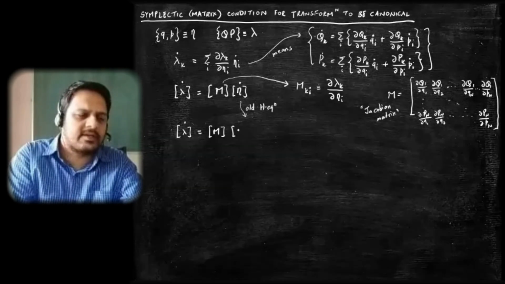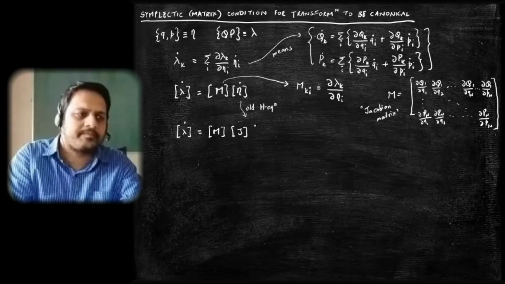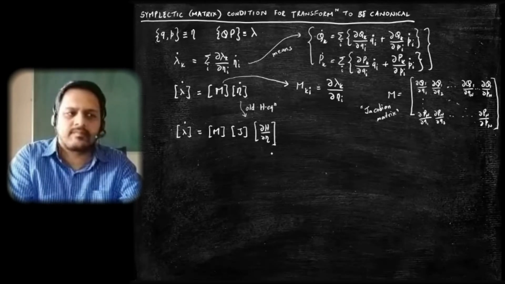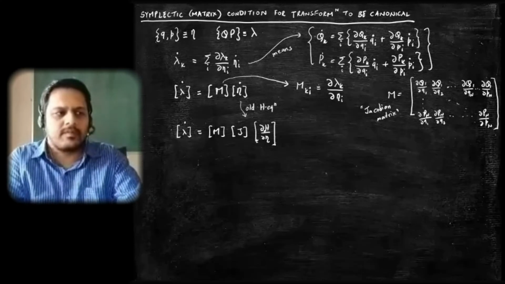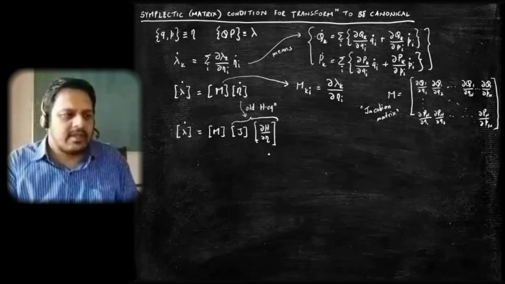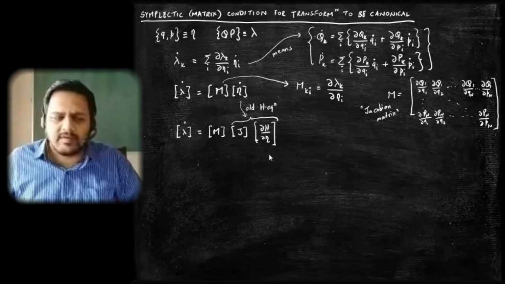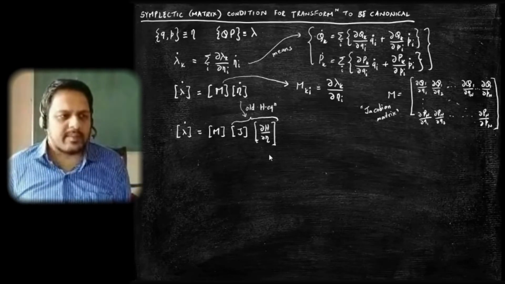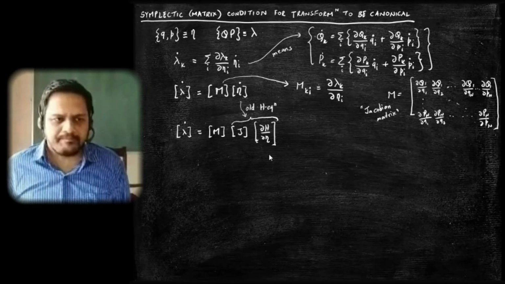Basically, η dot will become the J matrix times ∂H/∂η. This is basically substituting the Hamilton's equation in matrix form. The η dot column vector can be written as the square matrix J multiplied by the column vector ∂H/∂η.